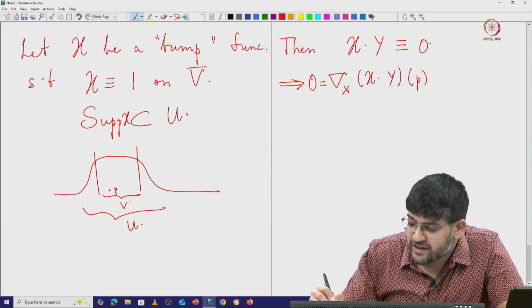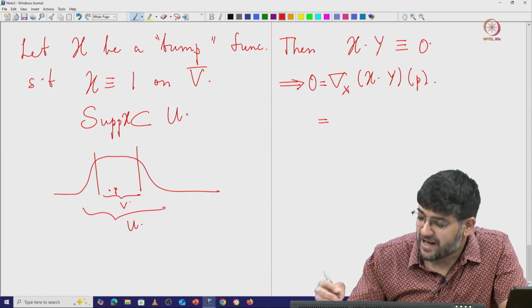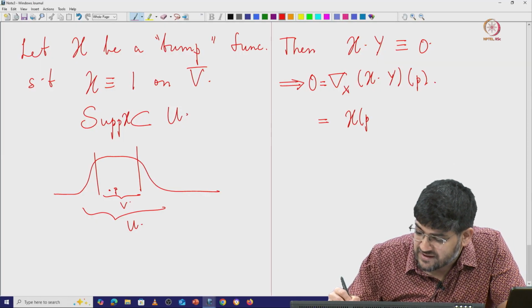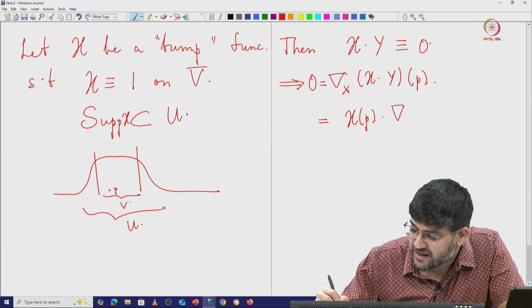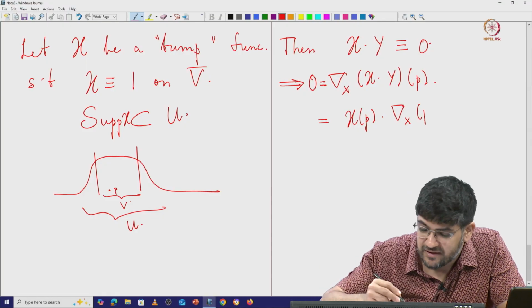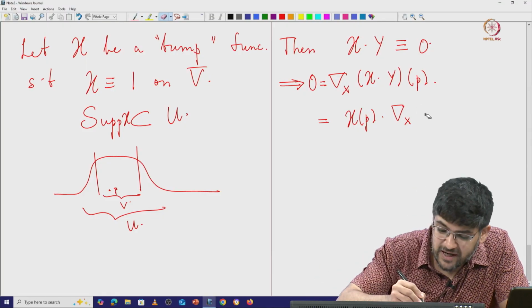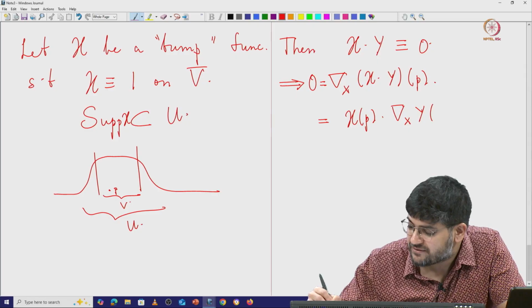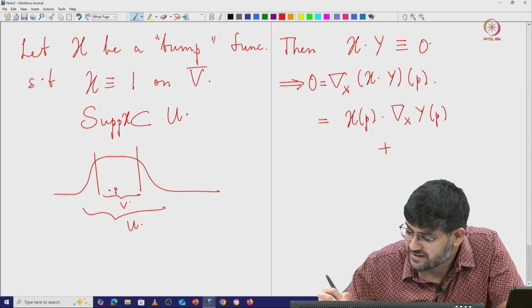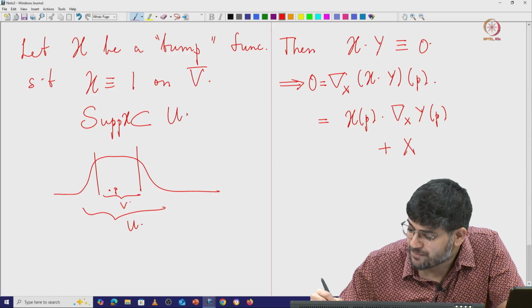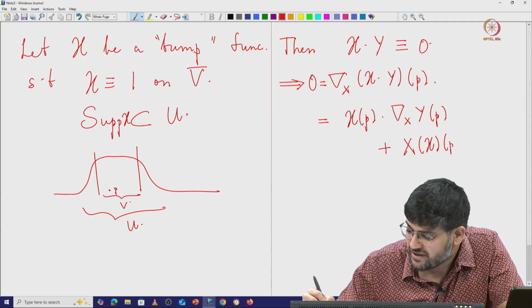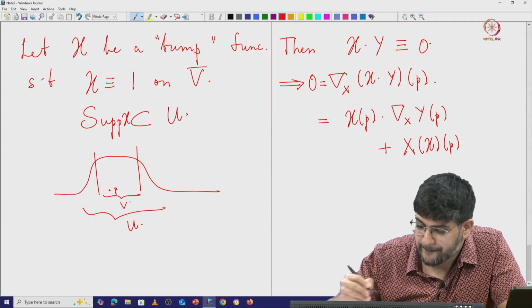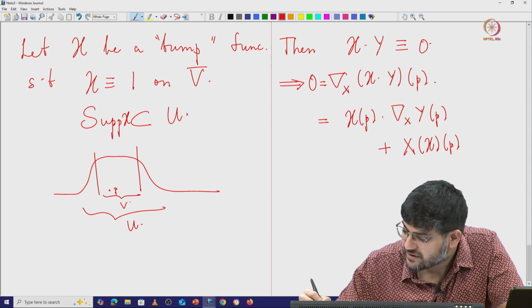In particular, this is 0 at this point P, but by Leibniz rule, what is this? This is chi of P times nabla x y plus x applied to chi at P times y at P.